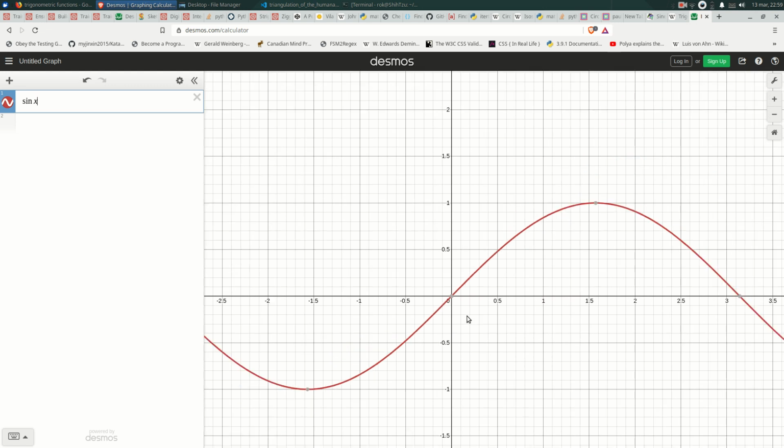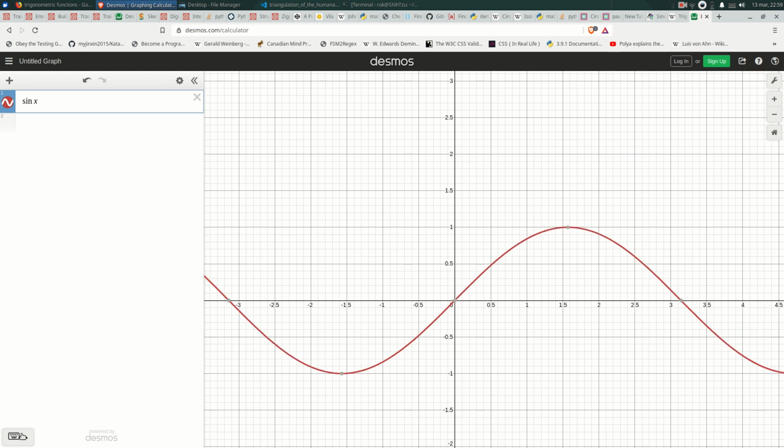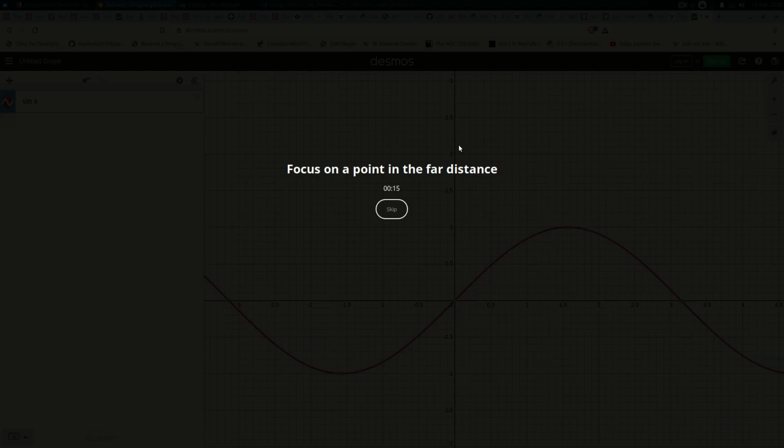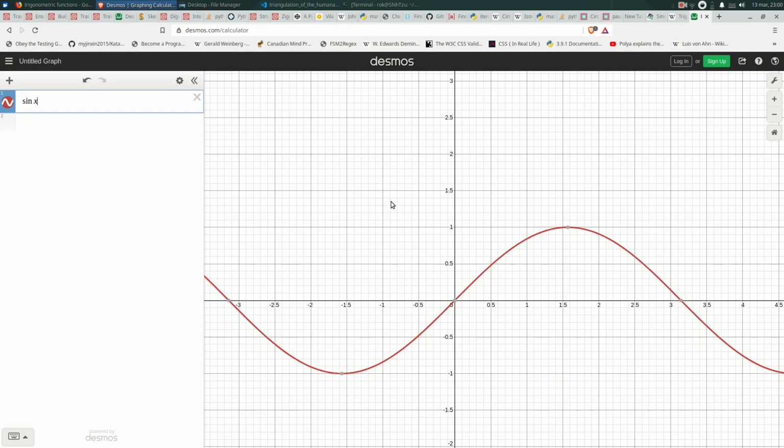That's the point. And if we say sine of x, it's really hard to look at this from a different angle. Right now you see me here struggling with the basic one.